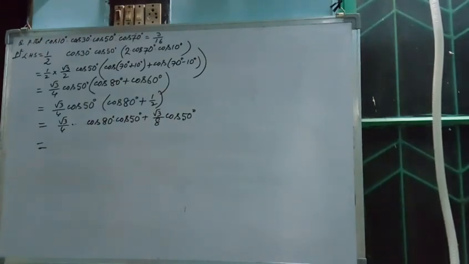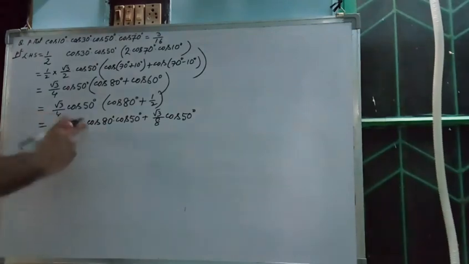अगर इसको हम 2 cos A cos B फॉर्म में लाना चाहते हैं, 2 cos A cos B क्या होता है?